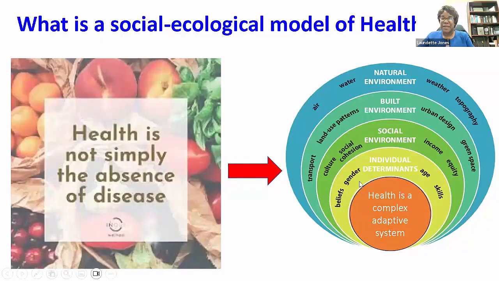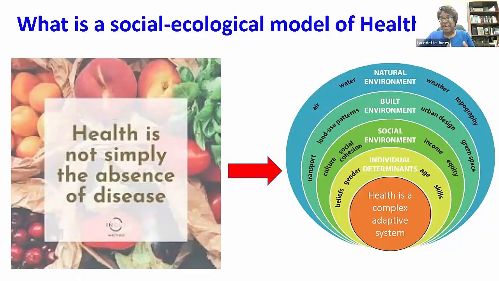And while many of our healthcare systems and certainly the drugs we make target the individual level, there are even determinants at the individual level. There's age and gender and beliefs, but that individual doesn't live in a bubble.